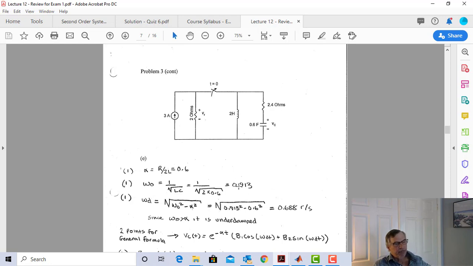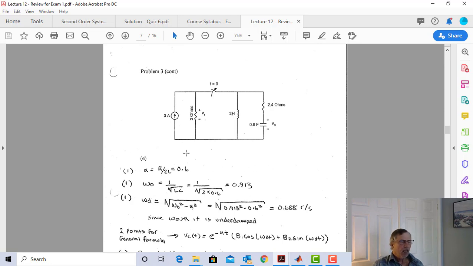Because if omega naught is greater than alpha, our boinginess is greater than our thuddiness, and we're underdamped. Similarly, if alpha were greater than omega naught, our thuddiness would be greater than our boinginess, and we would be overdamped. Of course, if omega naught and alpha are equal, then we're going to be critically damped.